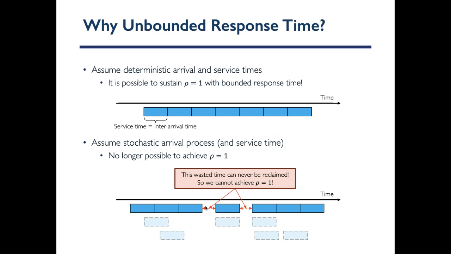And this would mean that corresponding to this time that you spend not doing anything, a request will be queued. And as you get more and more of these times where you're idle because there are no arrivals, the length of your queue goes up and up and up. And that's basically why it's not sustainable to have utilization of 1 when you have random arrivals.